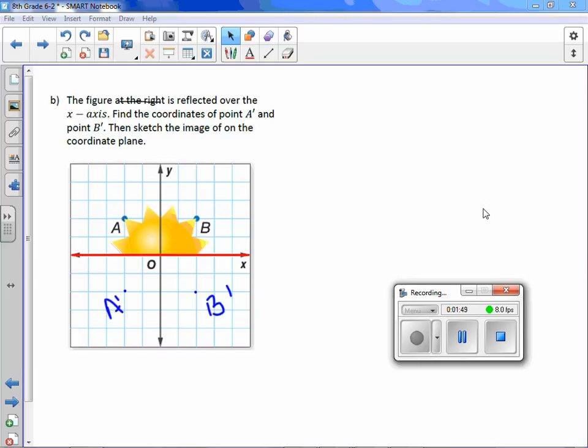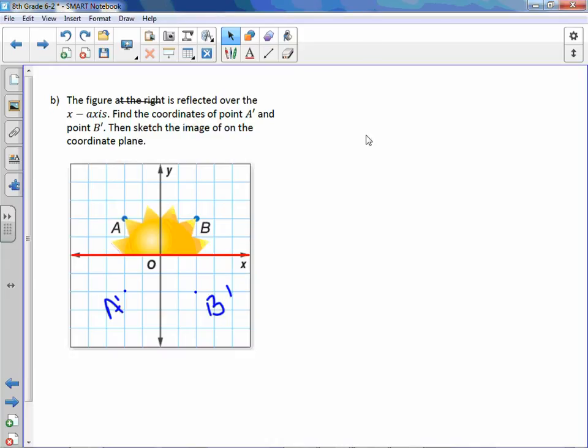Again, to save time, I'm going to just paste it here so you can see what the reflection looks like. And of course we have our A prime at this point and our B prime at this point.